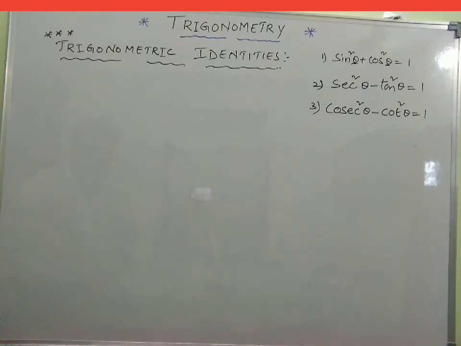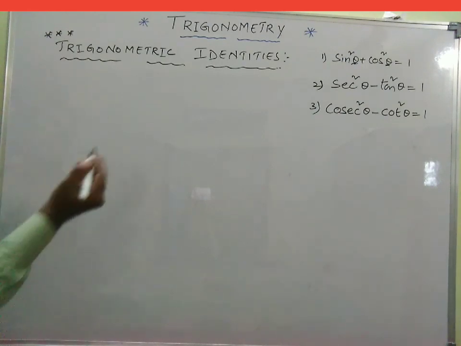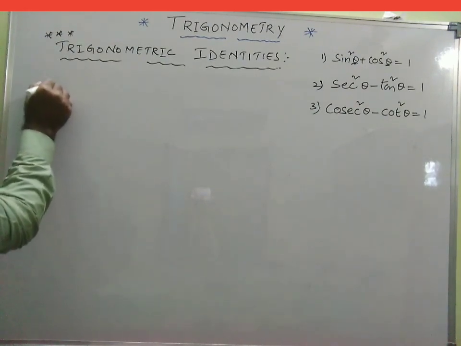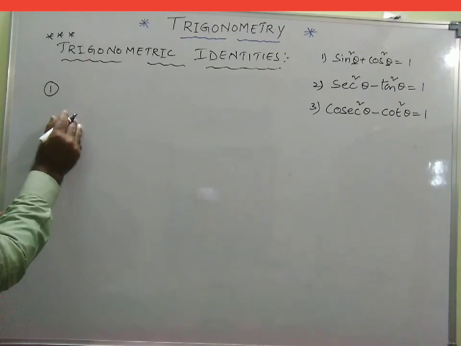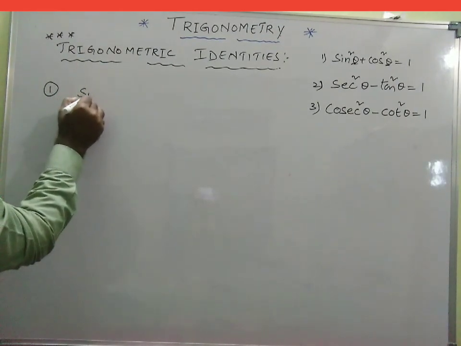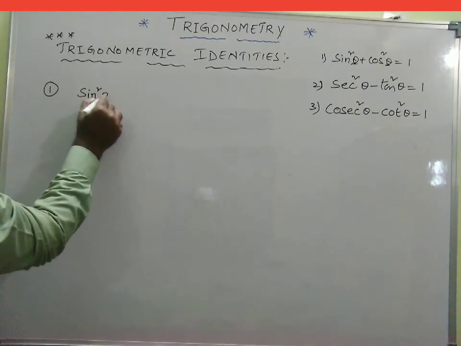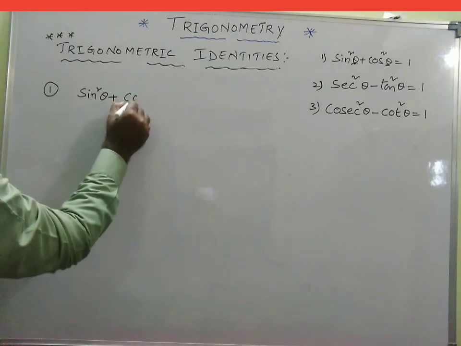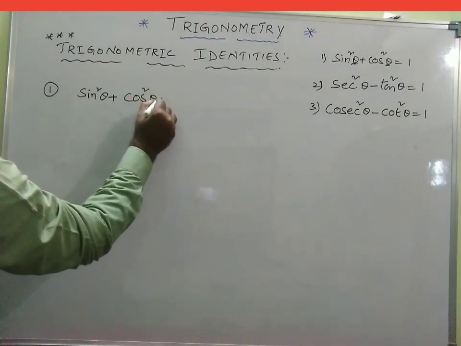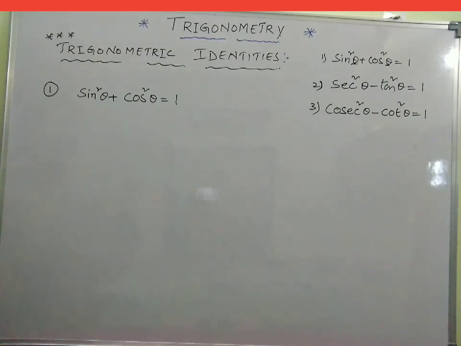Now let us see, using these 3 identities we can find a few more standard results. So coming to the first one, sin square theta plus cos square theta is equal to 1.